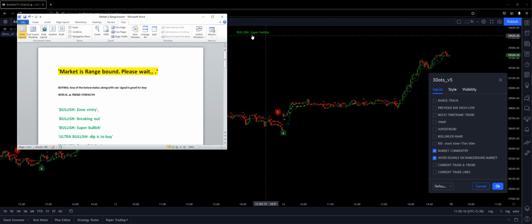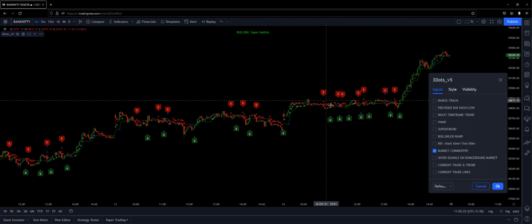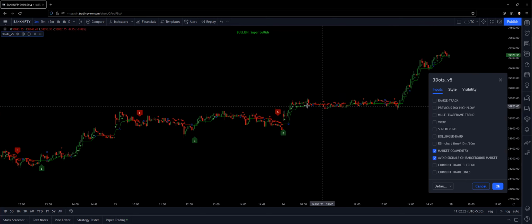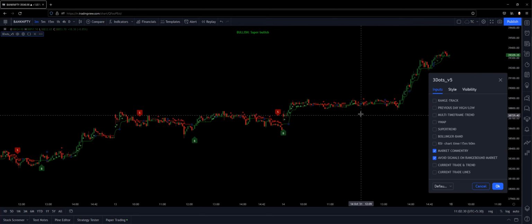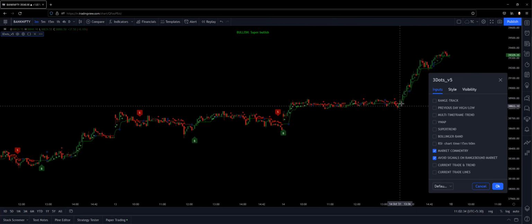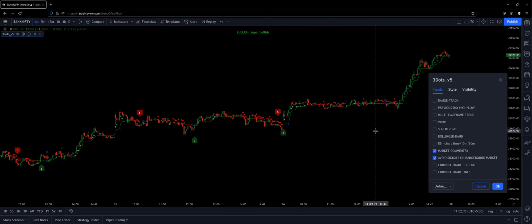It will be your market commentary status, right? So if you remove this one, you might be seeing a lot of buy entries, sell entries and all. But if you enable this one, those things will vanish.